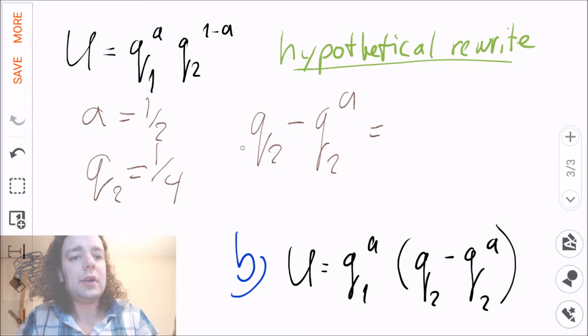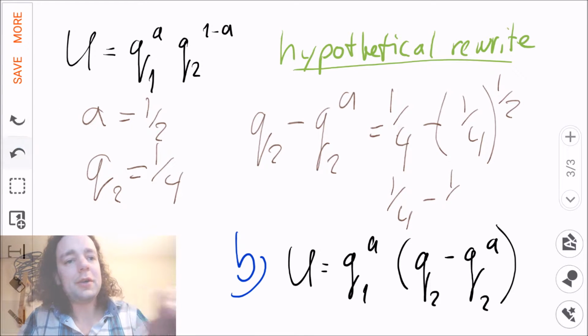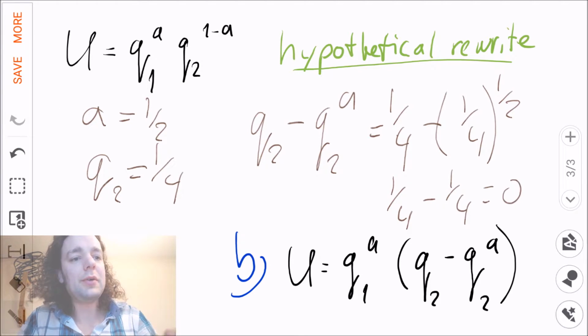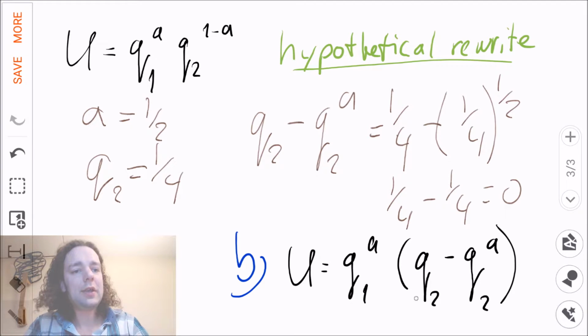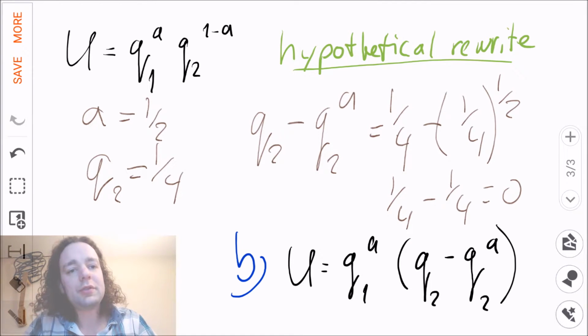This is actually q2 is 1 quarter, and q2 minus q2 to the power a equals 1 quarter to the power 1/2. And this is actually 1 quarter minus 1 quarter. Oh, minus 1 quarter equals 0. So this was 2, and here we get a 0. So unfortunately incorrect. Now you'll see the correct version.